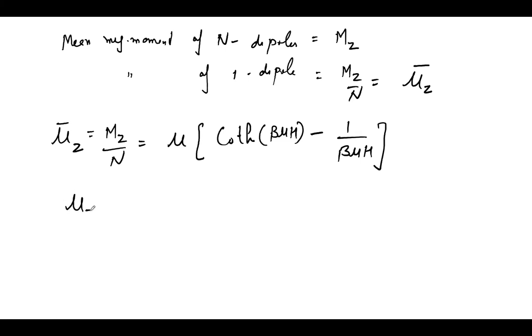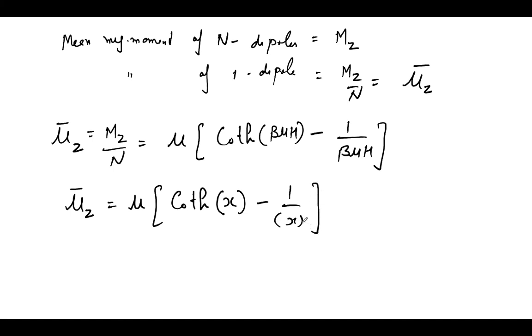So we can write this as mu z bar, which is mu into cot hyperbolic x minus 1 over x. So this function we can write as mu into L of x function. This L of x is called the Langevin function.